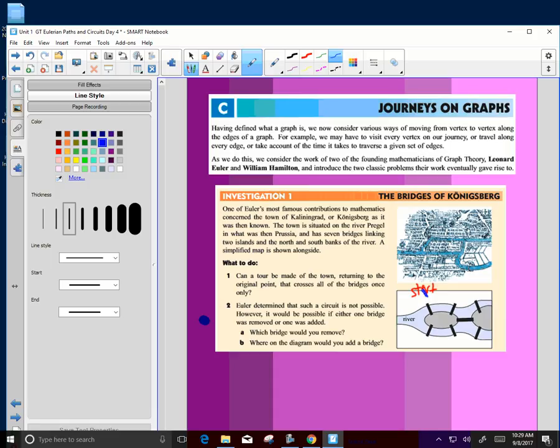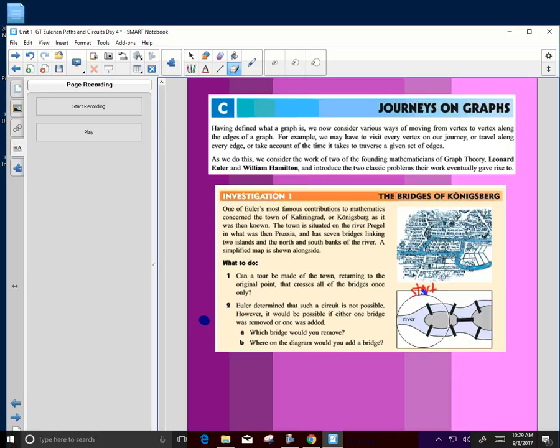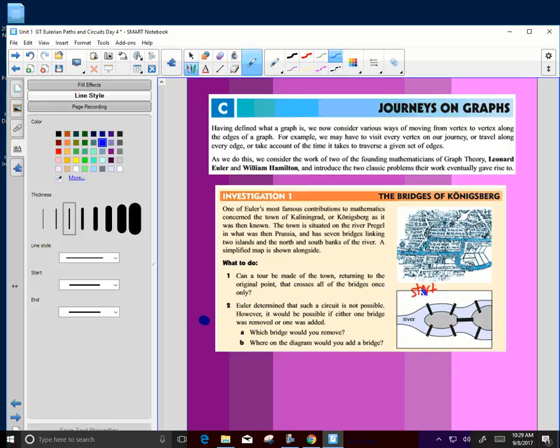Which bridge would you remove? This middle one? Okay, so if I cross those out, but wouldn't you end up on the other side? I think you'd have to take out two. You could do those two, or I was even thinking these two, and you could go back there, but I don't think one is going to do it, is it? I don't think so.